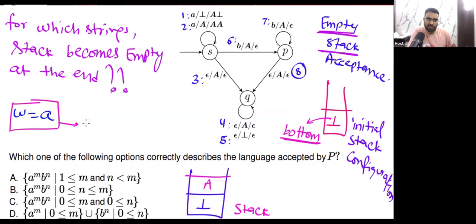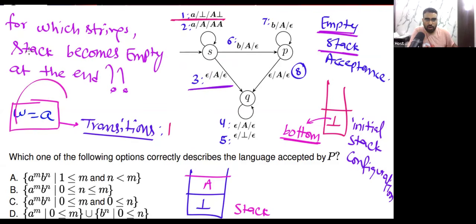So for this string, basically you can follow these transitions. You can follow transition 1 first. After taking transition 1, you can take transition 3. What this transition 3 is saying is that without reading any symbol from the input string, since in the input string we have already read this symbol A, there is now no symbol to read.